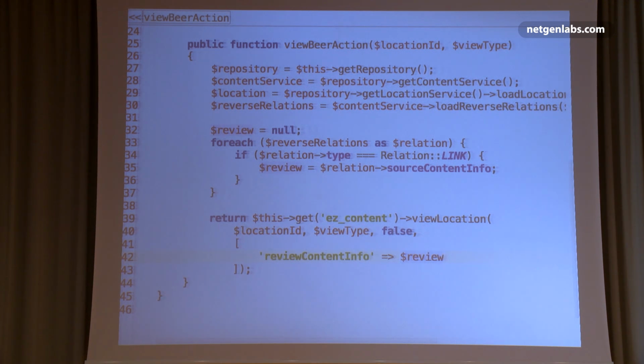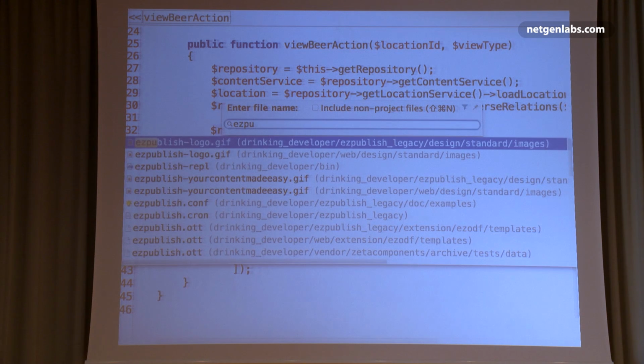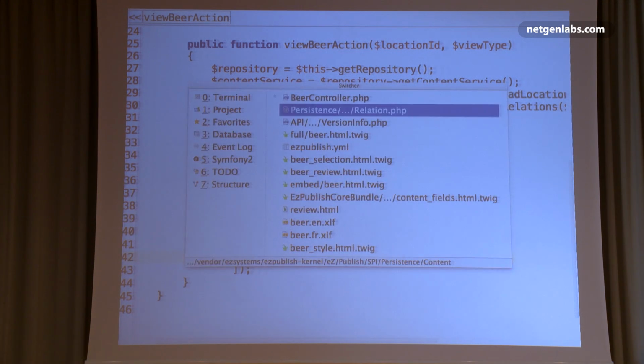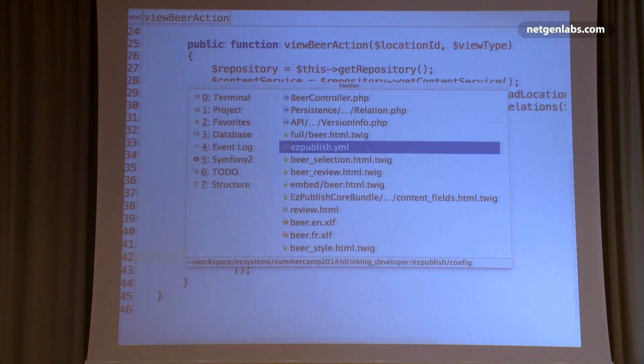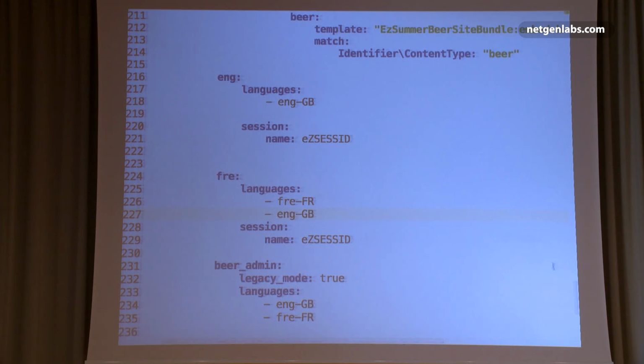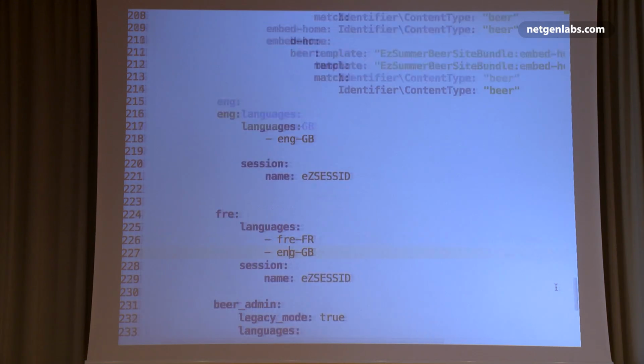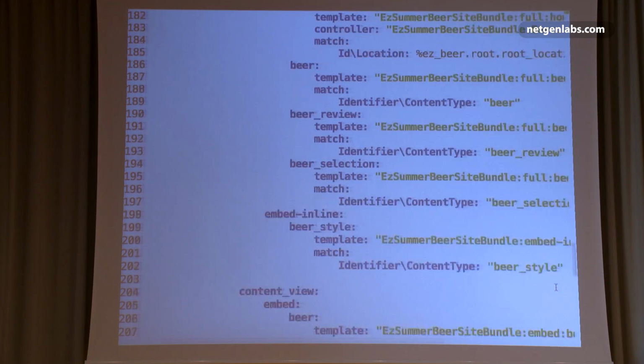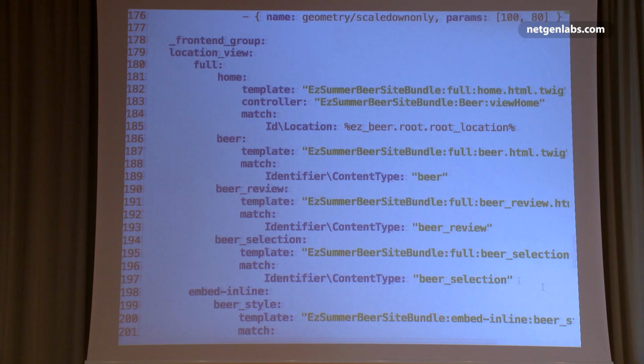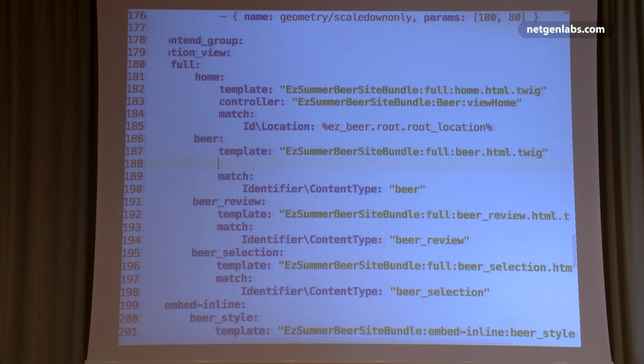To be sure to use the custom controller, we need to alter the configuration as well. As said before, the minimal template rule is a template plus a match rule, but you can also specify the custom controller, and this is what we're going to do now. So we'll just modify the location view foo for beer, and add an entry. We're adding an entry controller.